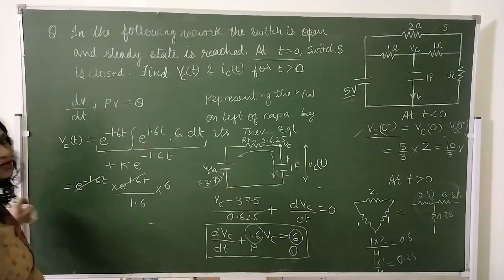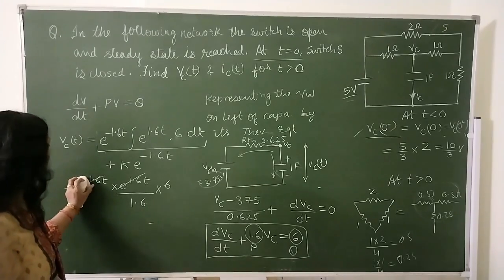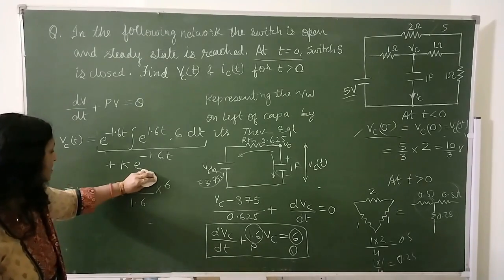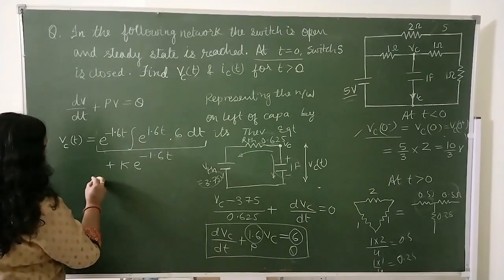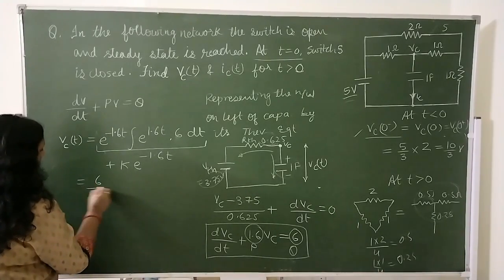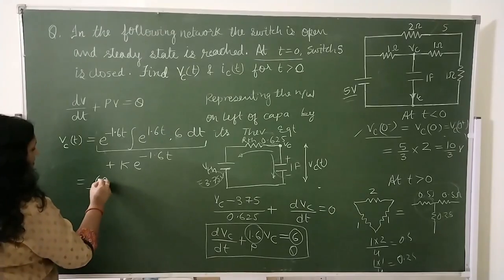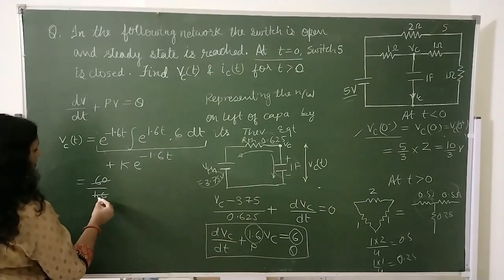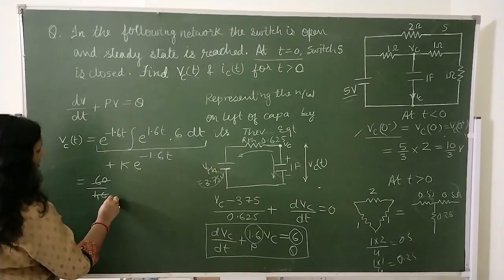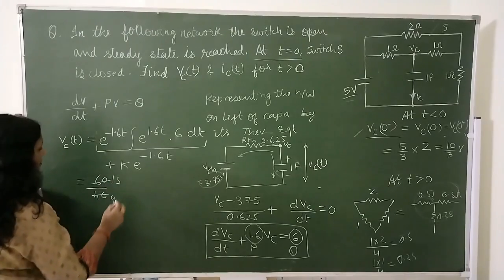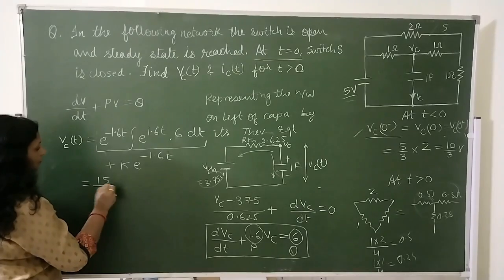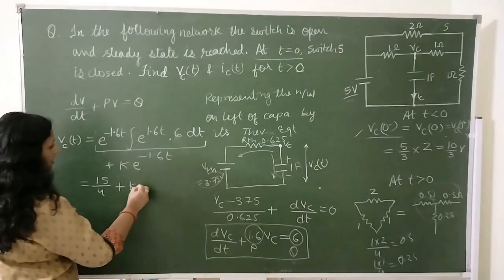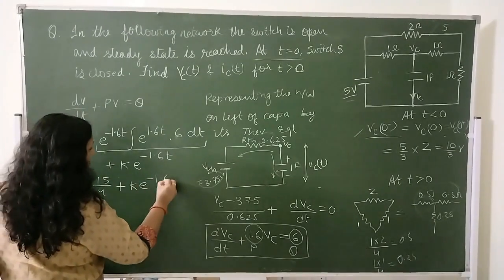This will cancel and become equal to 1, and 6 by 1.6 is 15 by 4. So the first term is 15 by 4 plus k e to the power minus 1.6t.